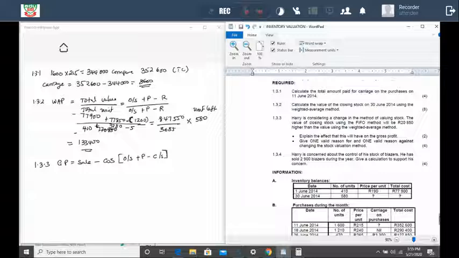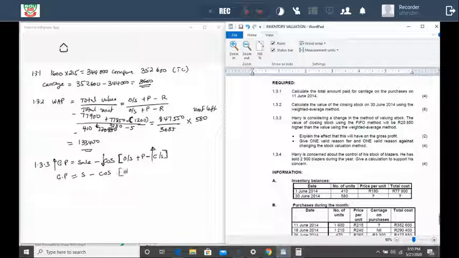They say the value of closing stock using FIFO will be higher, which means that if closing stock goes up, you see this minus sign here. This we use to calculate the cost of sales. So if closing stock goes up, it means cost of sales will come down. And if cost of sales goes down compared with the sales, it means gross profit goes up, and vice versa.